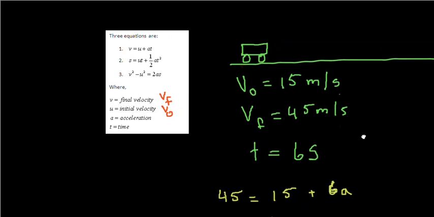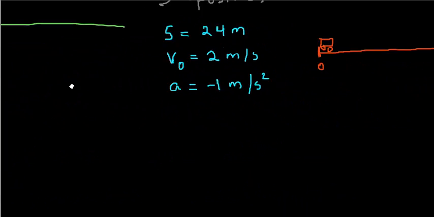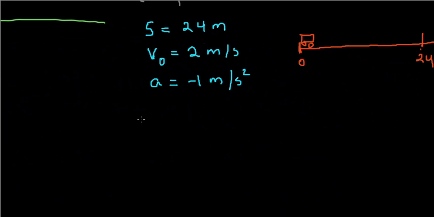Okay, so let's write it down. s equals, so 24 equals the initial velocity, 2t, plus 1/2, a is -1, t squared. This seems very familiar. Hopefully you guys will recognize that this is just solving a quadratic formula.